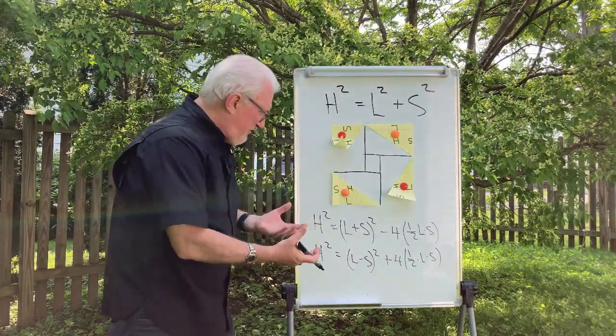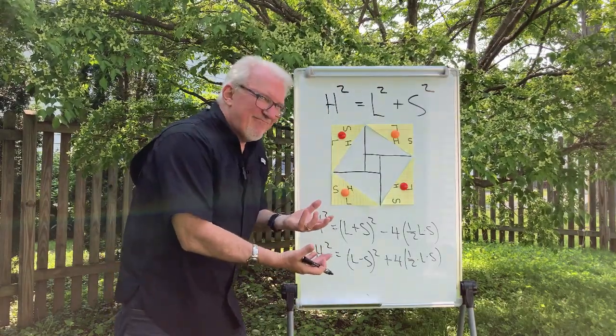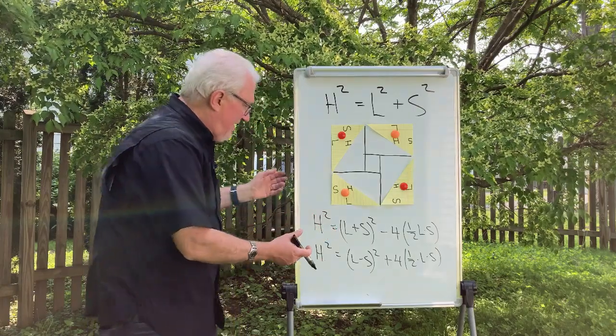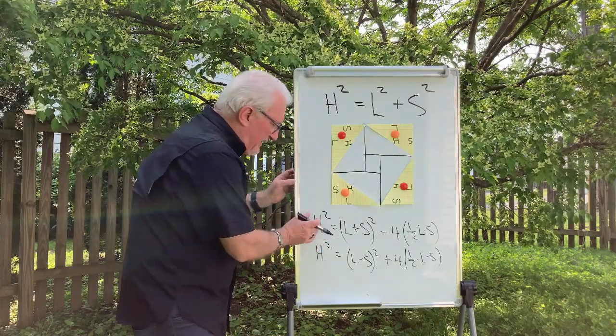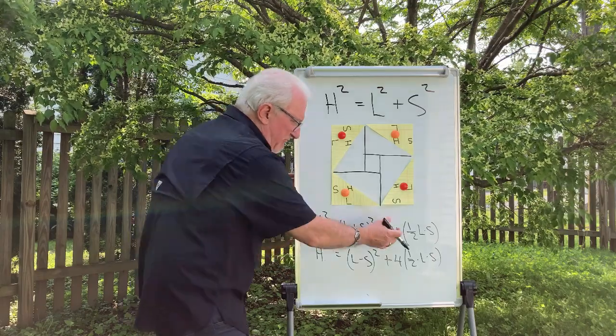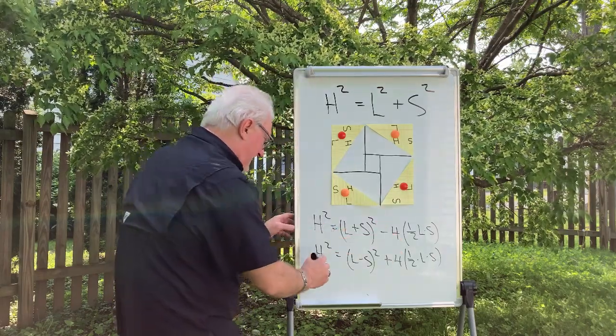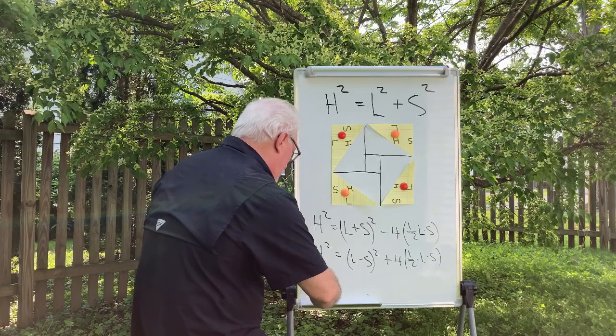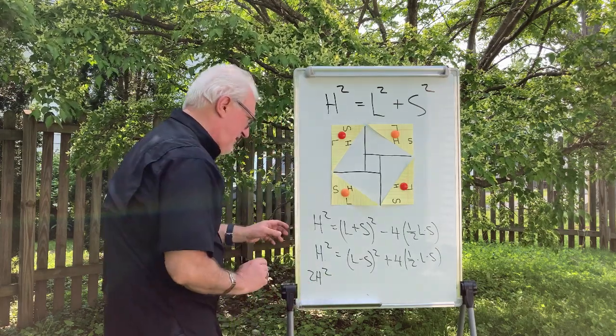But what I'm going to do is add these equations together. I'm going to add the left-hand sides together, and I'm going to add the right-hand sides together. Adding the left-hand sides together, of course, just gives me 2 copies of h squared.